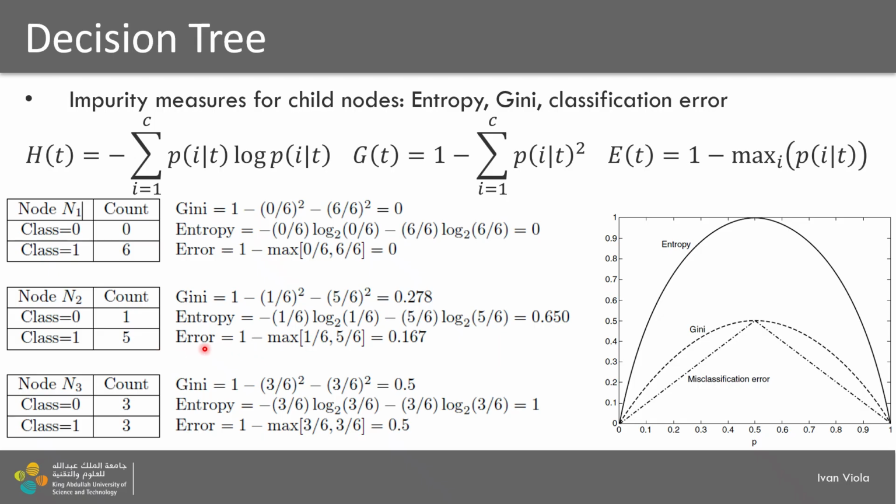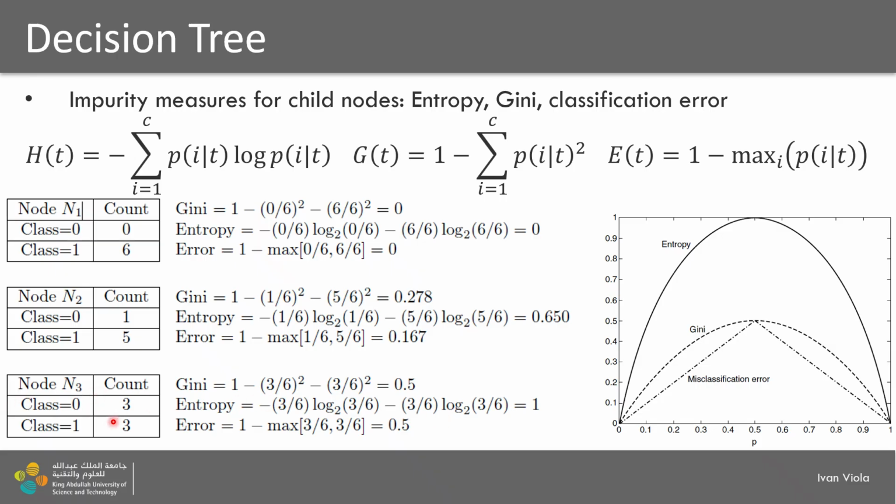For the misclassification error we simply have 1 minus 5/6, which is 0.167. So we can see that all of these functions have the peak at the same position, they are monotonic up to that peak and monotonic again from there. They all have the same profile, and we can choose any of those, and they will have very similar performance.